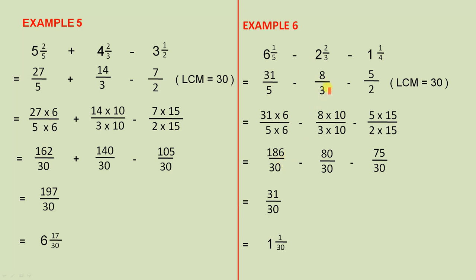For that denominator to be 30, multiply top and bottom by 10, which gives us 80 over 30. And for that denominator to be 30, multiply top and bottom by 15, which gives us 75 over 30. When we simplify those three fractions, we get 31 over 30, which is 1 1/30.